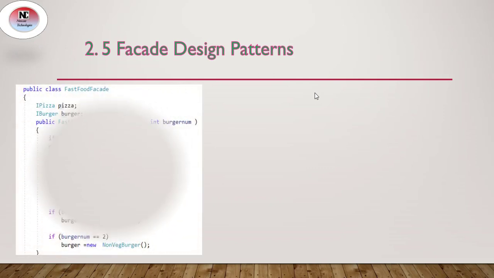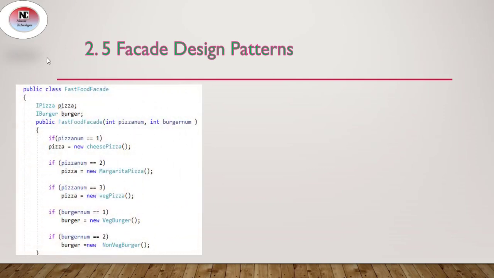Now we are going to create a facade, fast food, and it takes a type of IPizza and a type of IBurger. This method takes the pizza number and burger number. If the pizza number is 1, it gives cheese pizza. If 2, margherita. If 3, veg pizza. The same way, if the burger number is 1, then it is veg burger. If the burger number is 2, it is non-veg burger.